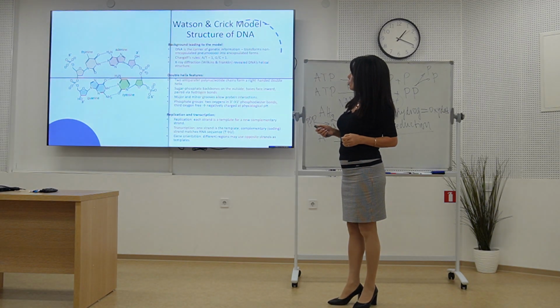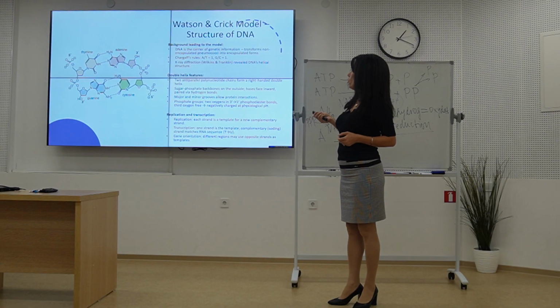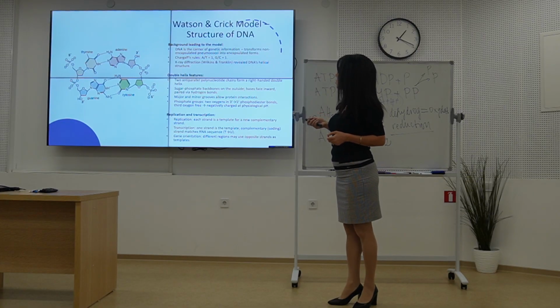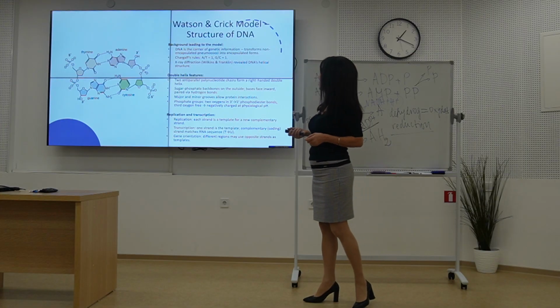Watson and Crick model. If we're talking about the Watson and Crick model, I think you know a lot: that DNA is the carrier of genetic information, transforming non-encapsulated pneumococci into encapsulated forms.